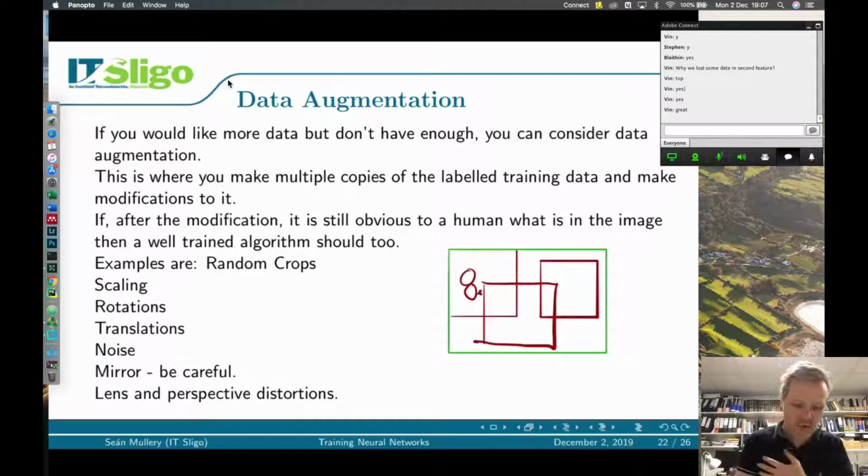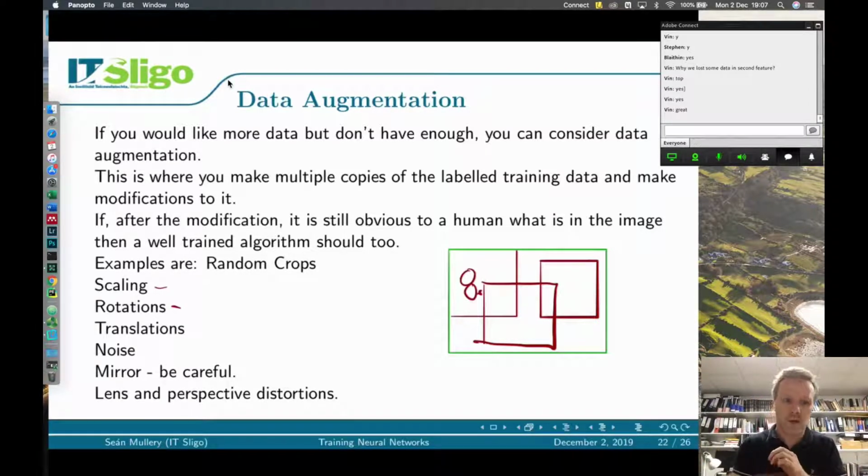The other things you might do is scale the image in some way so that whatever's in your image could be bigger or smaller, and can your network deal with that? You might do rotations on the data, so can it still recognize it if the thing has been rotated in some way? A human certainly could. Humans can figure out what's in an image if you do a random crop, but also if you scale it, rotate it, or translate it, moving it around the image.